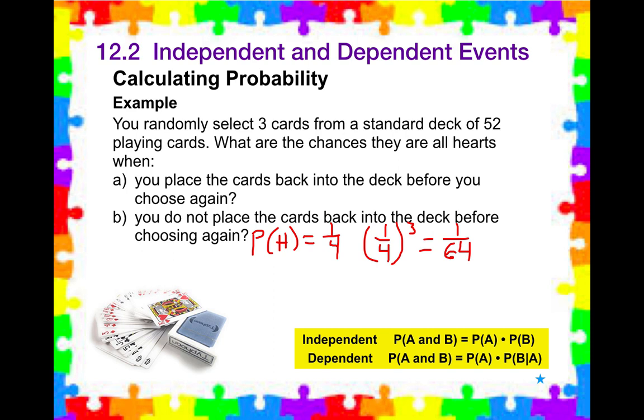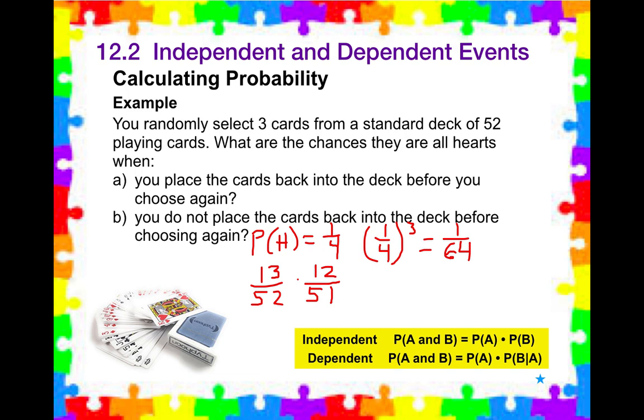Now, what if we don't put the cards back into the deck? So the first time that we choose hearts, we have 13 out of 52, which is 1/4. So you have 13 out of 52 cards that you could choose. But once you've taken that card out, now you have 12 hearts to choose from, but only out of 51 cards.